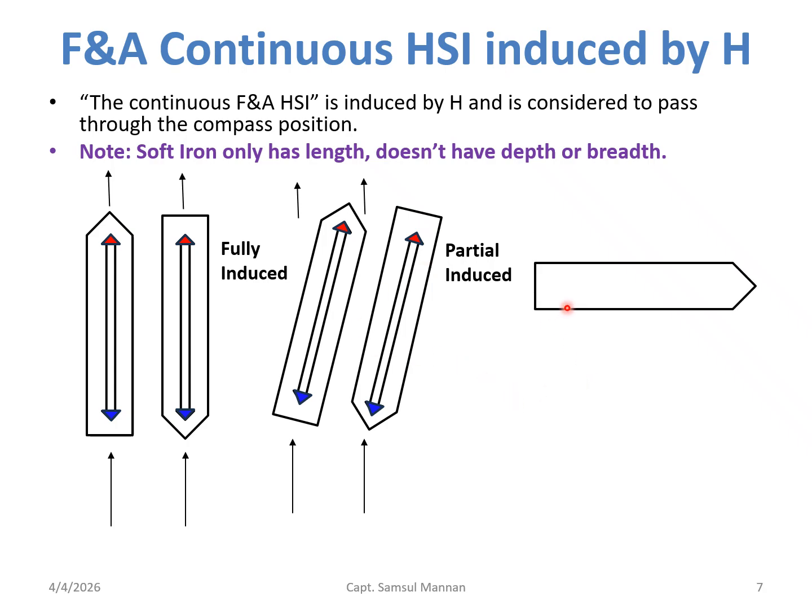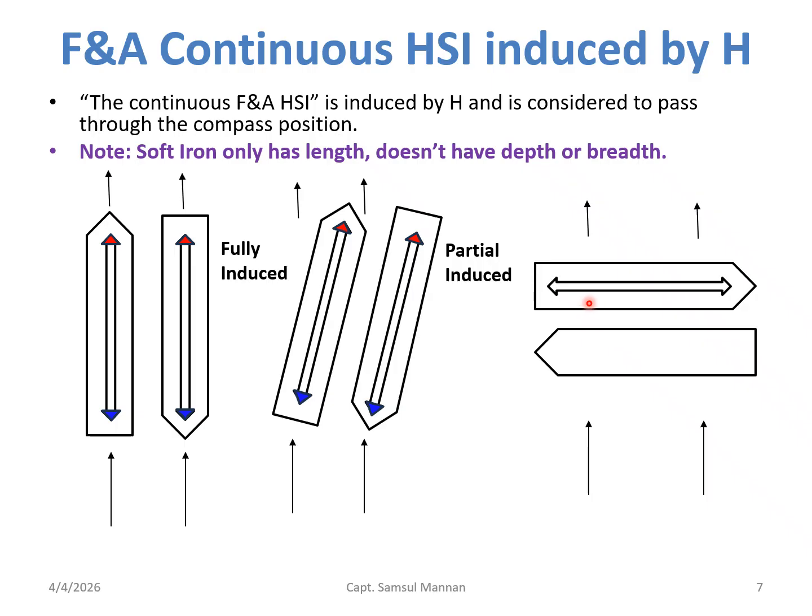Now let's see what happens when the vessel course is 090 degrees, and when the vessel course is 270 degrees, for the continuous horizontal soft iron, the fore-and-aft continuous horizontal soft iron. Here we see that as this fore-and-aft continuous horizontal soft iron doesn't have any breadth, it will not have any kind of induction at all, right?